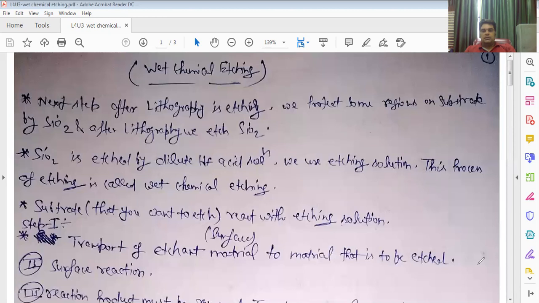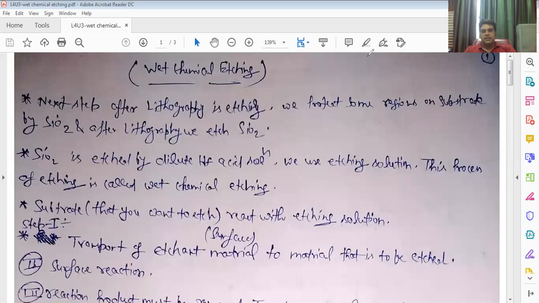Once the etchant material has been transported, then surface reaction occurs at the surface.